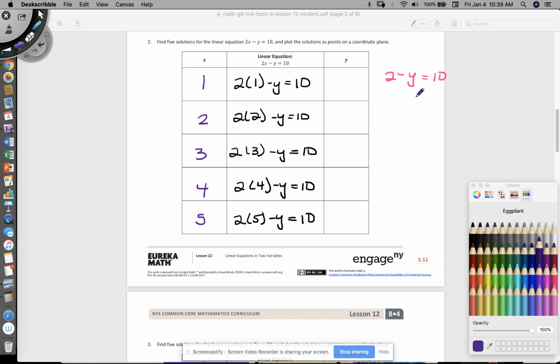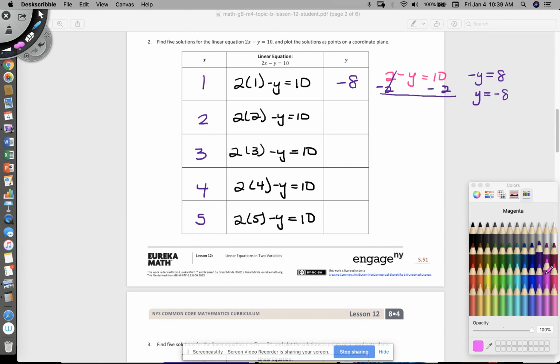Well, that means you're dealing with an integer. So I'm going to subtract 2 from both sides. And those cancel, and I wind up with my -y equals 8. Now, your y or your variable can never be negative. So you just transfer that negative over to the value. So this is going to be y equals -8.